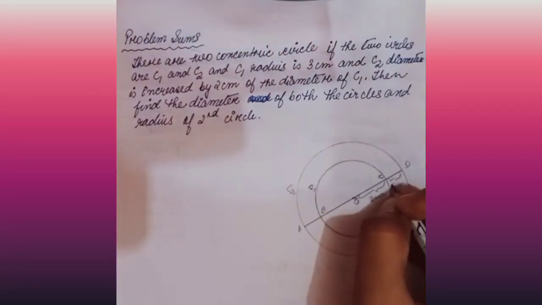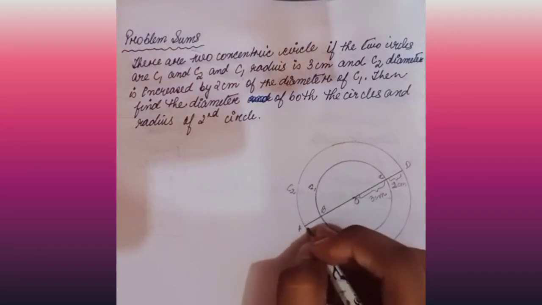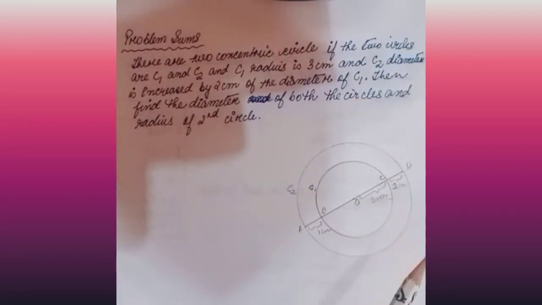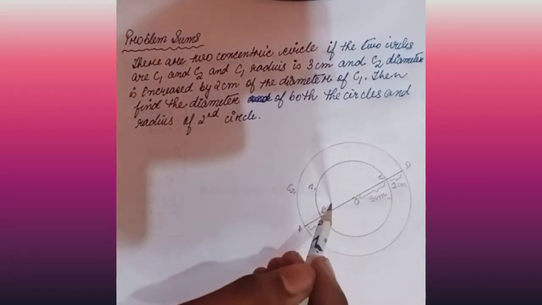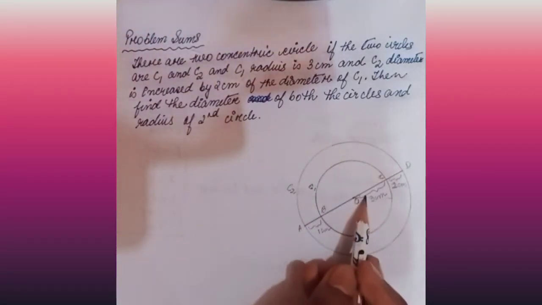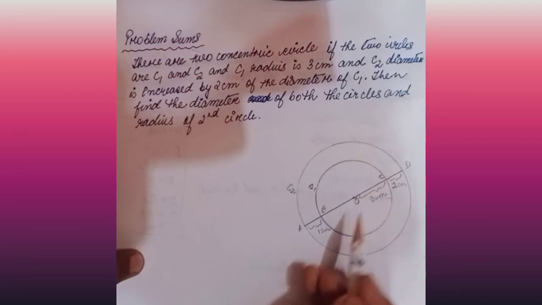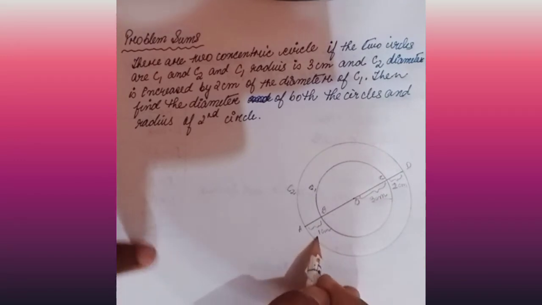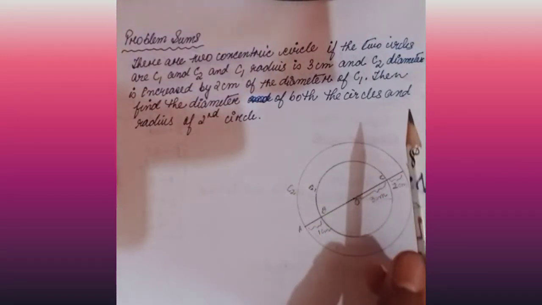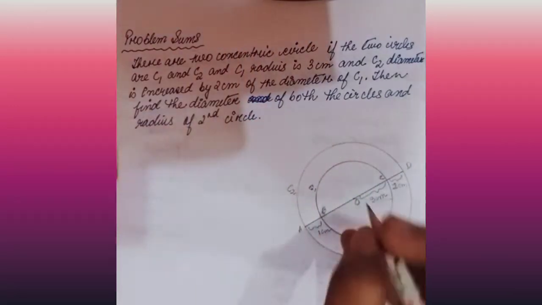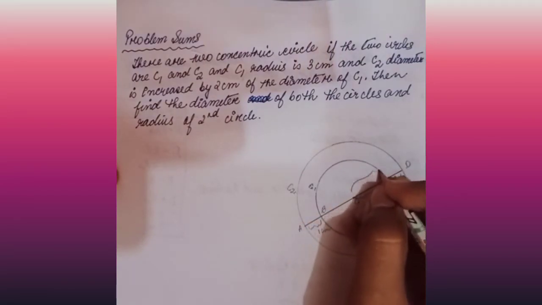Here it will be 1 cm and here also 1 cm, because if we divide this 2 cm by 2, it will be 1 and 1 on both sides. The radius is this much; if we increase, 3 plus 3 is 6, then 2, meaning 1 plus 1 on both sides. It is also said to find the diameter of both the circles and the radius of the second circle. We are told to find this.